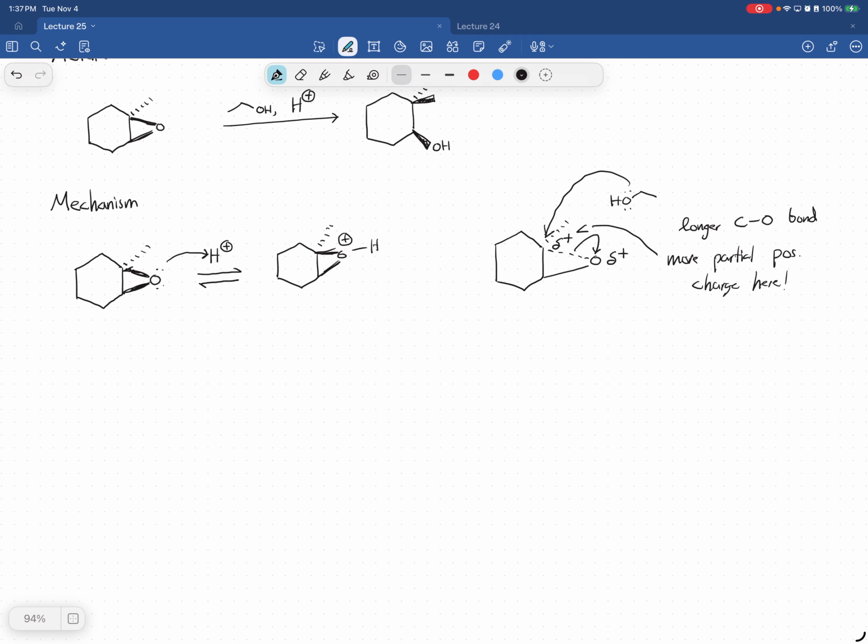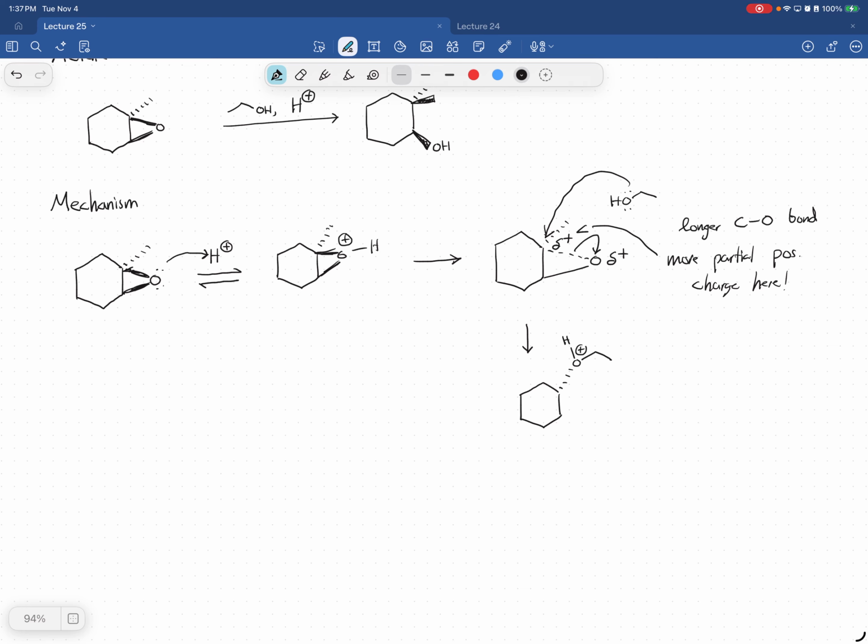Okay, and this is actually what leads to our product. So it goes through this transition state, so we can kind of put this as a, well, we'll just leave it like that. So you have two options, right? This position, and then when you do that, it's going to attach through the bottom of the epoxide.